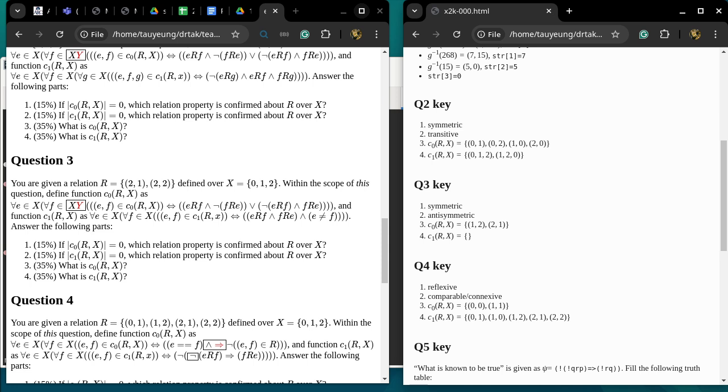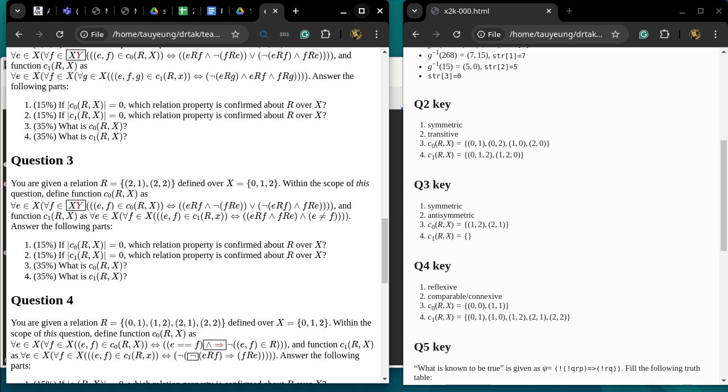Is that okay? And in this case, it returns an empty set because the relation that we have here is actually anti-symmetric. Okay, let's think about why it is anti-symmetric. What needs to happen in order for a relation R to be not anti-symmetric?